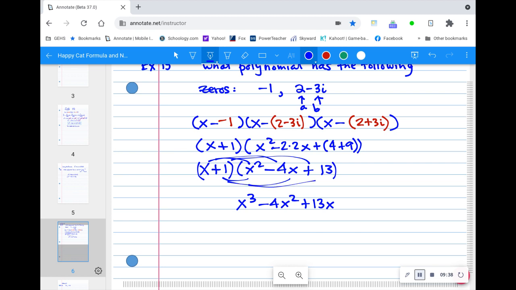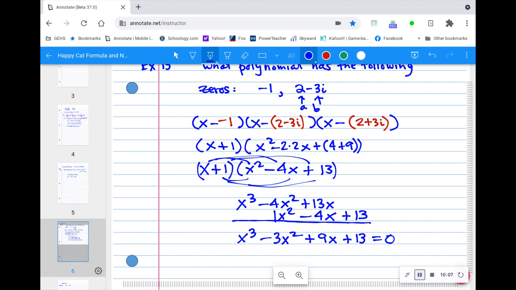I'll put the like terms over each other here. 1 times negative 4x would come next, and 1 times 13 to finish it off. So the polynomial that has the answers 1 and 2 minus 3i would be x cubed minus 3x squared plus 9x plus 13, and this should equal 0 here.